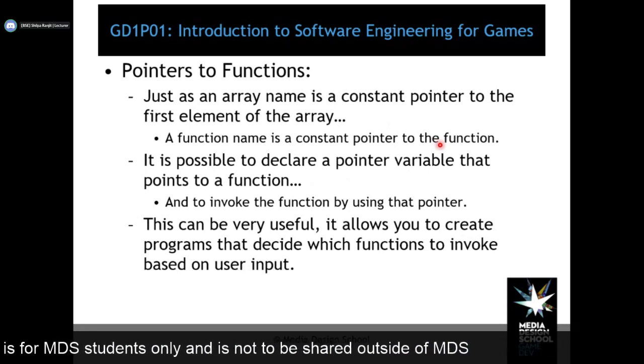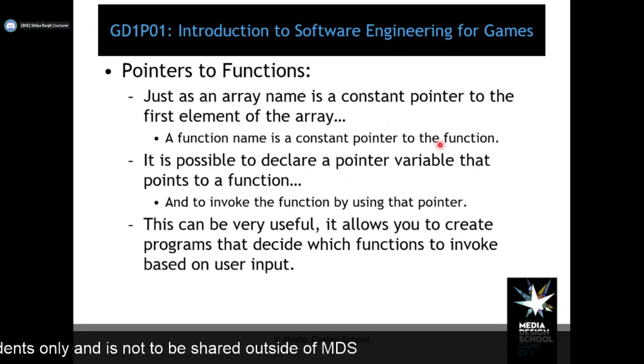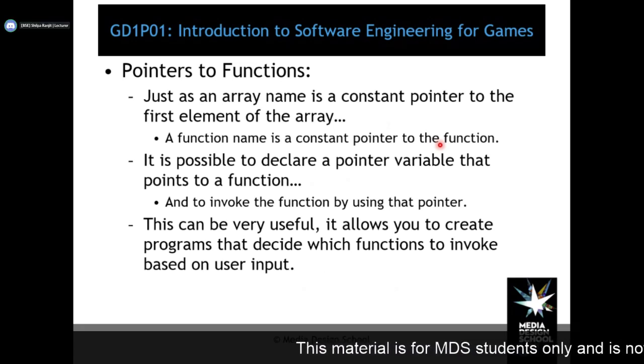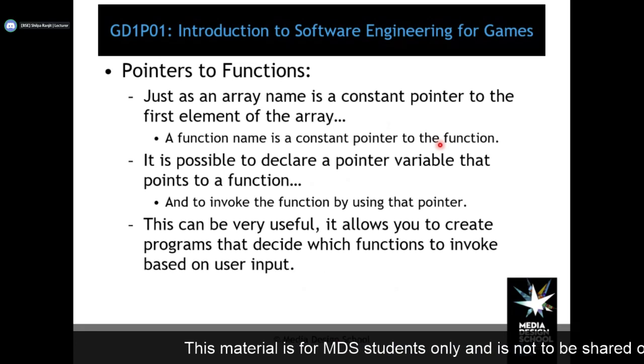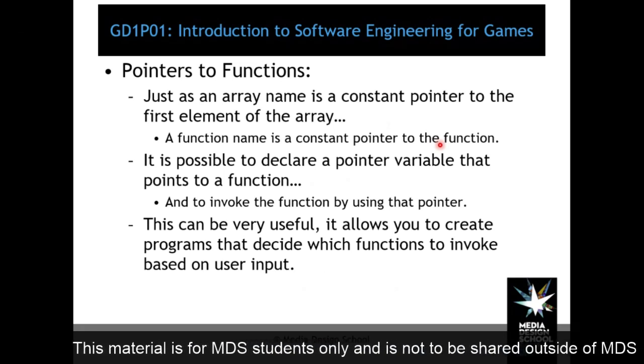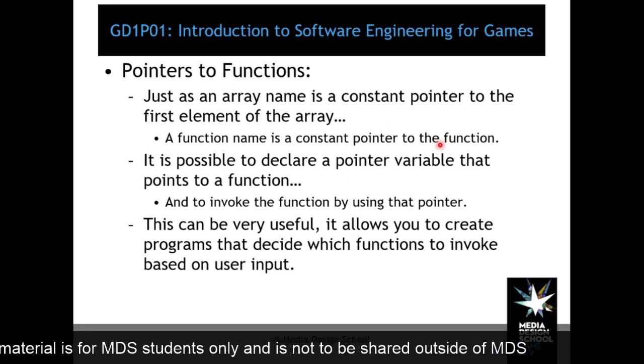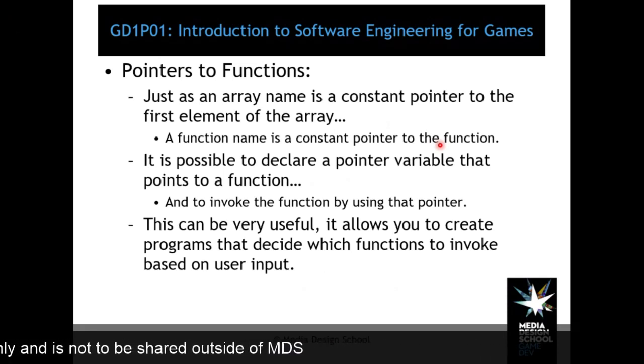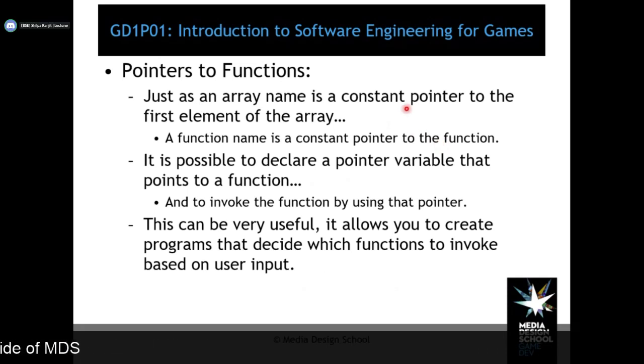So, coming to pointers to functions. So far we have seen pointers to variables, a pointer to an integer variable, a pointer to a character variable, a pointer to a floating point variable, and so on. But we can also have something called pointers to functions. When we see pointers to functions, what we need to remember is, like I said for an array name, you do not need to indicate an address sign, because an array name itself means that you are talking about the address of the array.